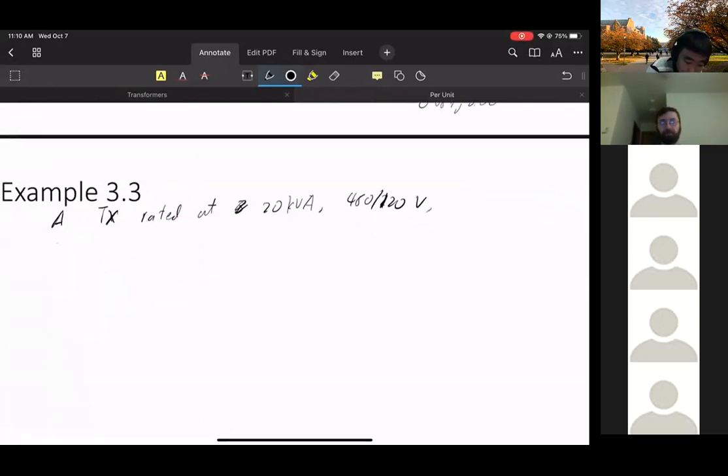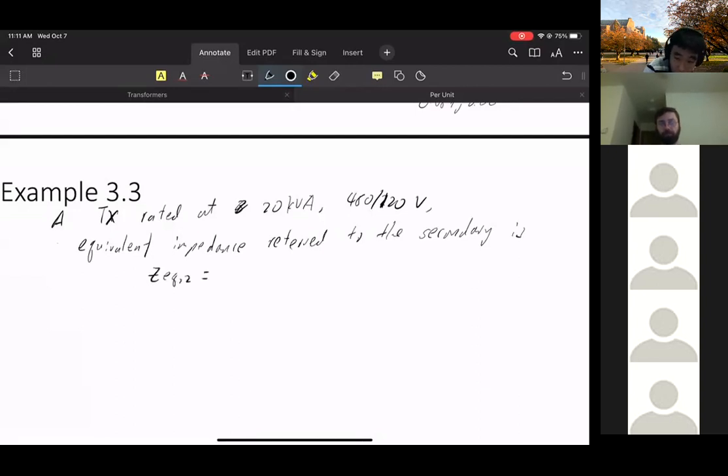It says the equivalent impedance referred to the secondary is 0.0525 angle 78.13 degrees ohms.